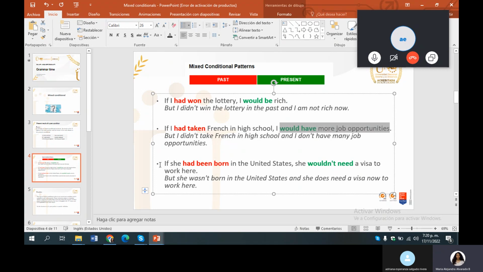And here we have another example. If she had been born in the United States, she wouldn't need a visa to work here. But she wasn't born in the United States, and she does need a visa now to work here.